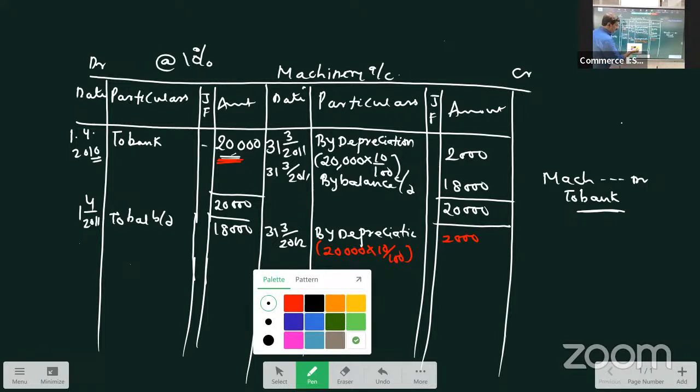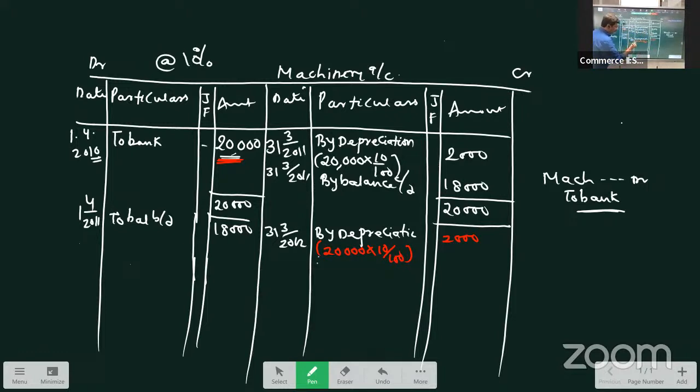So what is the balancing figure again here? See, what was our written down value? 18,000. 18,000 minus 2,000, it would be 16,000 by balance carried down. This is how we balance it.